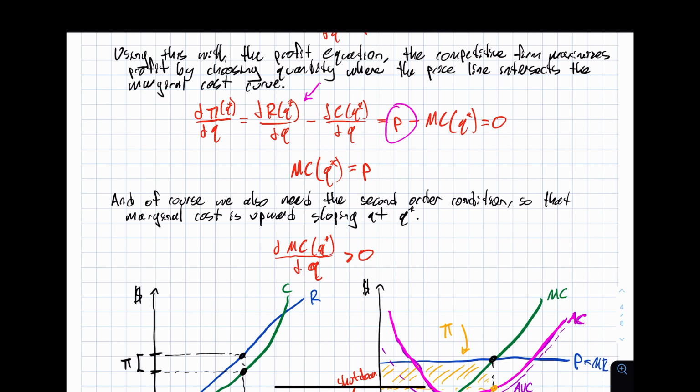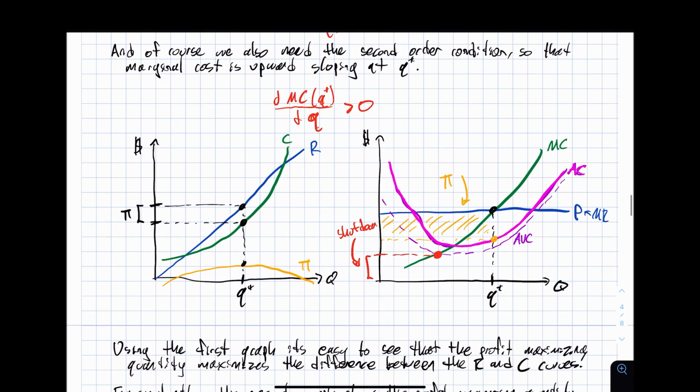So simplifying, we get this relationship here. And this happens in perfectly competitive markets specifically. Okay. So this is a stylized version of a perfectly competitive market. On the left here, we have our cost curve, C. We have our revenue curve.